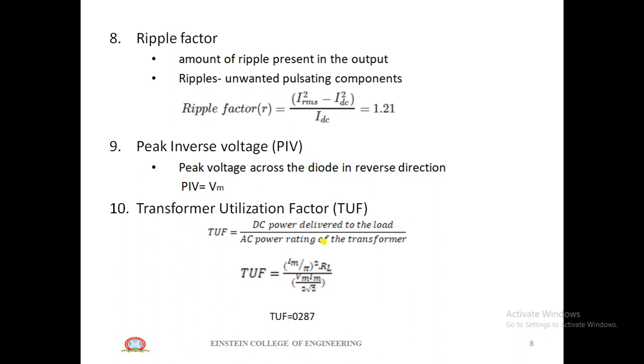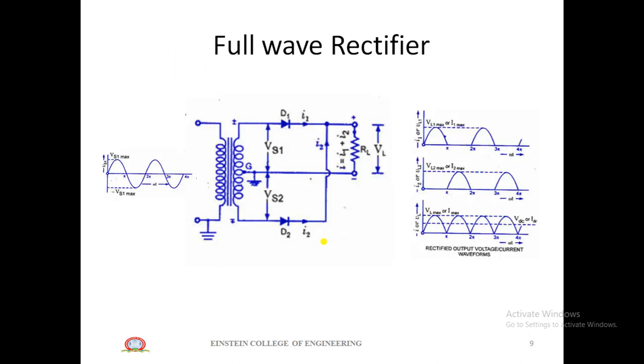And for the current, it is a pulsating current, so you can substitute Im by 2. Thus, we get 0.287 as the transformer utilization factor. Only 28% is utilized.